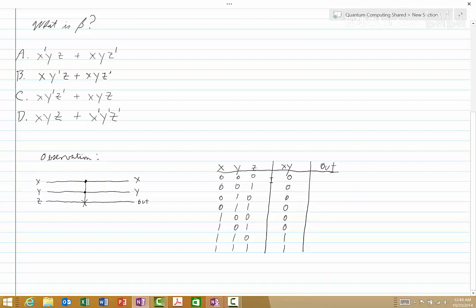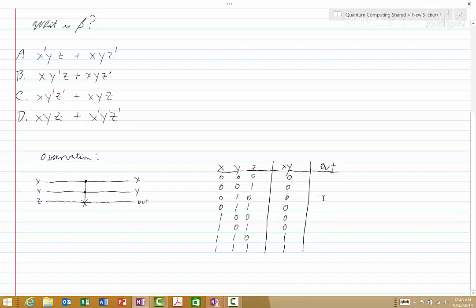And so in each of the first 6 lines, either X or Y, or both, are 0. So that's why we get 0 in the first 6 cases. But in the last 2 lines, X and Y are both equal to 1, and therefore XY is equal to 1.